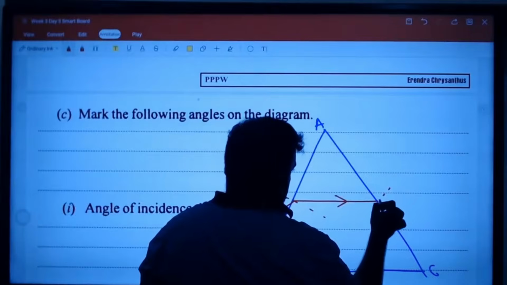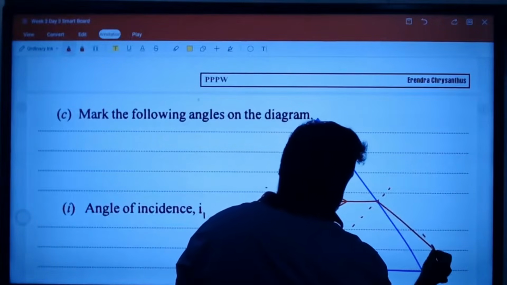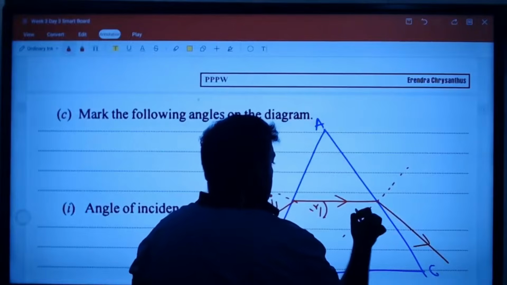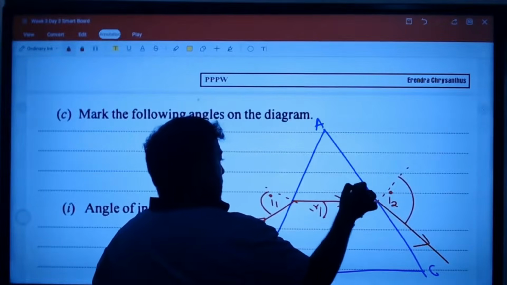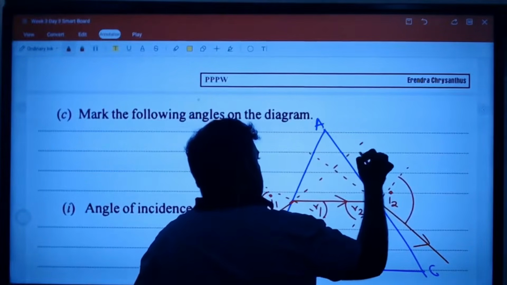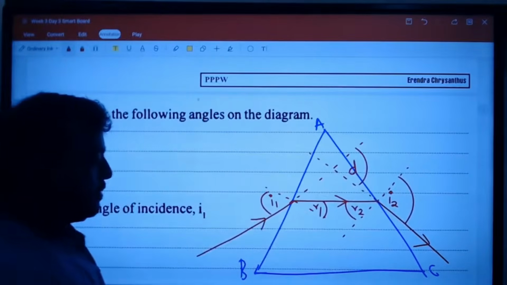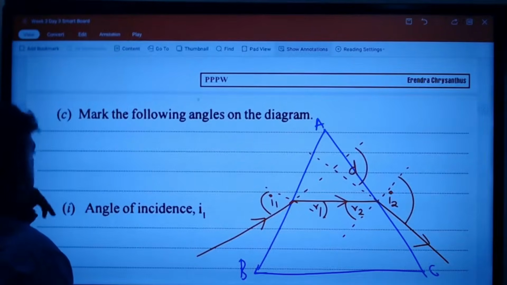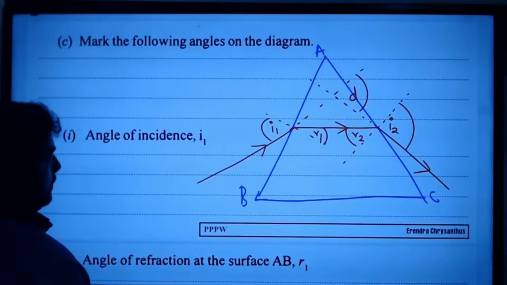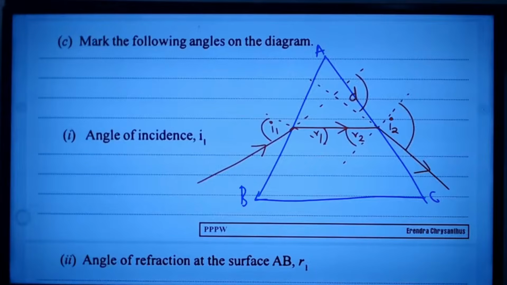Here, R1, R2, I2. Extend this, extend this. This is your deviation. Mark it down.